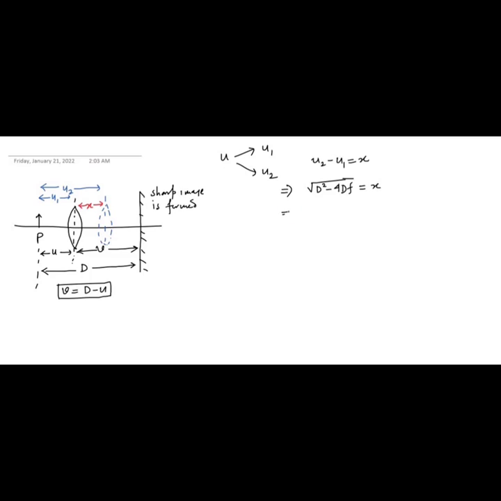So x square is equal to D square minus 4Df. So 4Df is equal to D square minus x square, and f is equal to D square minus x square upon 4D.